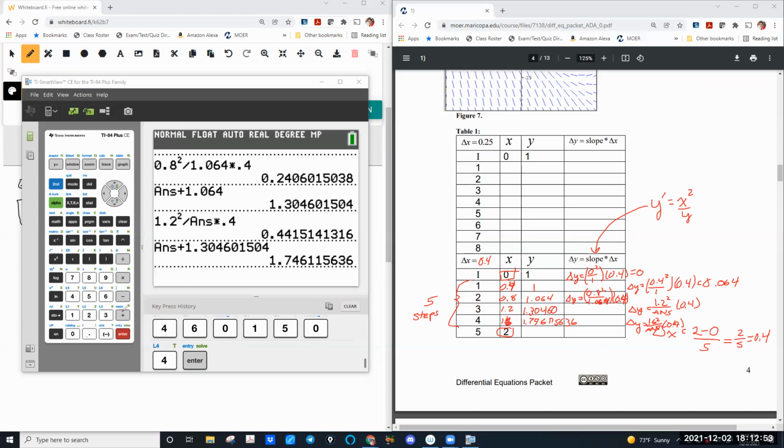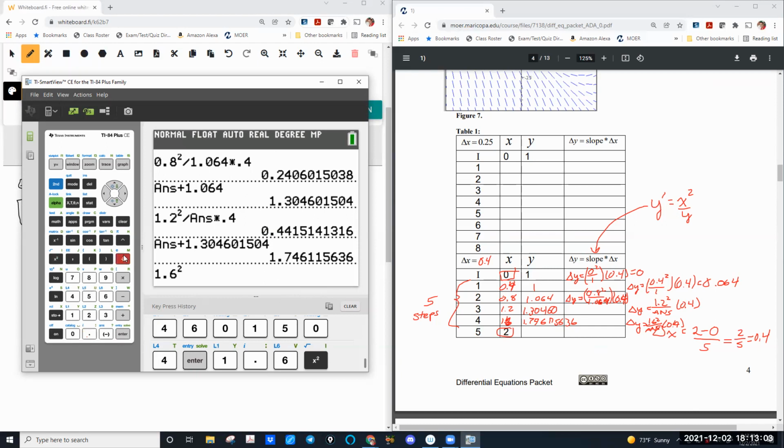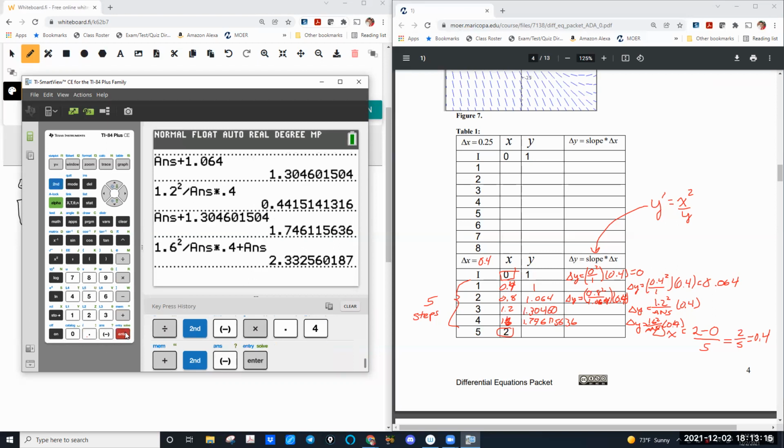All right, so I'm going to do it all in the calculator, and so I don't have to rewrite anything. I got the 1.6 squared. That's the x squared. Then divided by my previous y, times my delta x, and then that gets added to the previous y to get my new y. And there is our estimate.